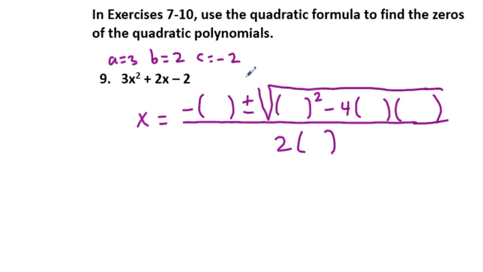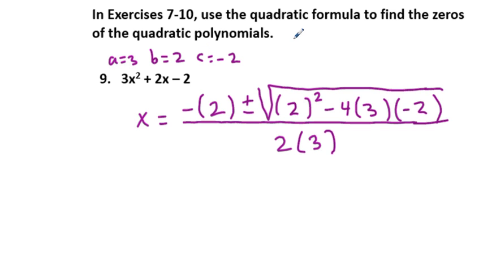So we know that b is this first one here, so we're going to put 2. We'll start out with -2, and 2 goes here inside the radical, and then a is 3, so 3 goes here next to this 4, and down here in the denominator next to 2. And finally c is -2.